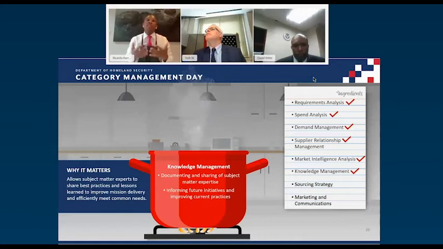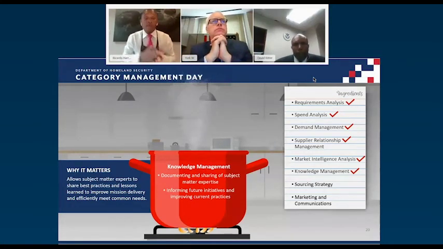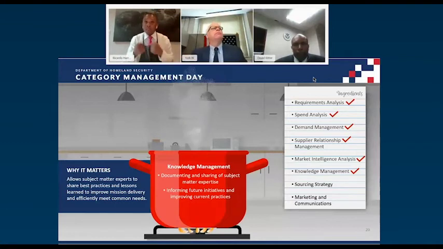So knowledge management here is making sure that we're documenting and sharing subject matter expertise that has been developed over time, especially in a particular spend category, so that can help to inform initiatives and improve current practices. Successful implementation of category management not only requires an understanding of our specific role in the process, and I think that's part of the issue sometimes where we know what our role is and that's what we're going to execute on.